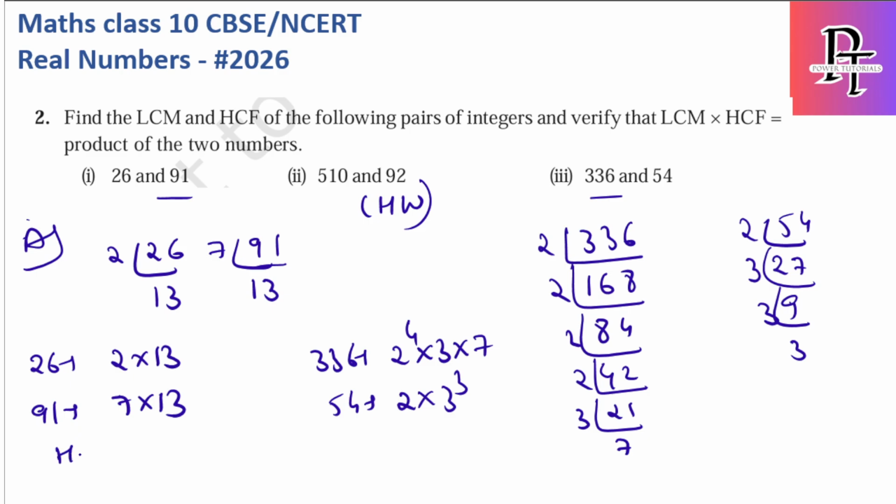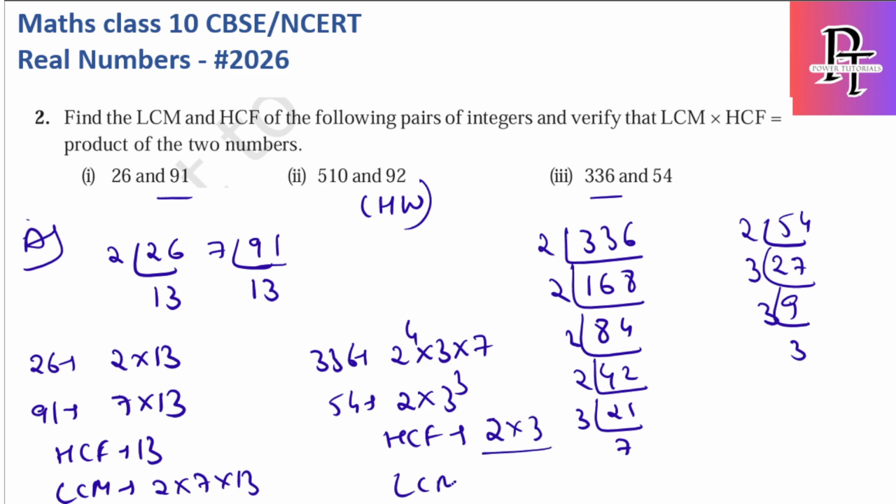HCF of these two is 13, and LCM of these two is 2 into 7 into 13. What about here? HCF is what is common, 2 and 3. HCF is 2 into 3. LCM is 2 power 4 into 3 cube into 7.